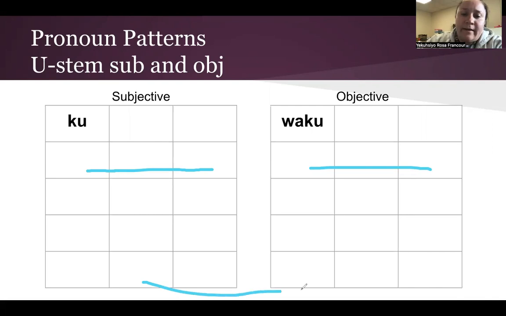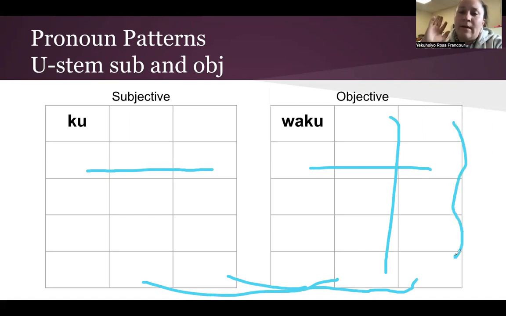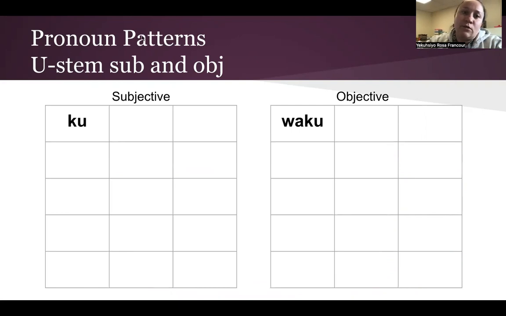This one is similar to this one, and this one is similar to this one. We know that the top and the bottom are the same. It might be helpful to do your charts for the written practice of the pronouns side by side. I did them individually, but I would recommend you make them side by side and fill them in as you go. All right, so let's move on.